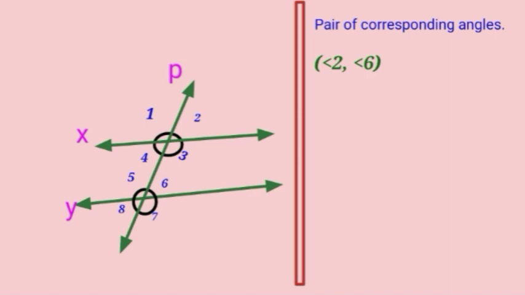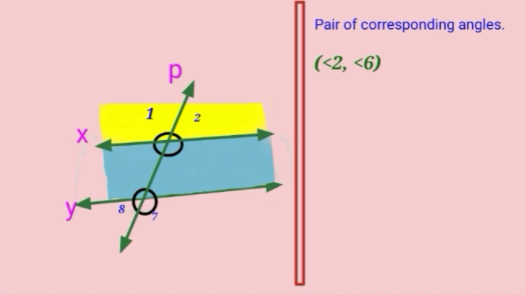Thus, we can say that the pair of angles 2 and 6 are corresponding angles. We can also say that in a pair of corresponding angles, one of the angles must lie in the interior part and the other in the exterior part of the two straight lines which are intersected by the transversal line.